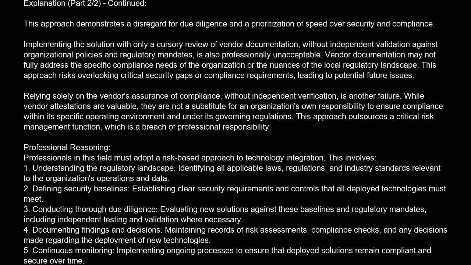Conducting thorough due diligence, evaluating new solutions against these baselines and regulatory mandates, including independent testing and validation where necessary. 4. Documenting findings and decisions, maintaining records of risk assessments, compliance checks, and any decisions made regarding the deployment of new technologies. 5. Continuous monitoring, implementing ongoing processes to ensure that deployed solutions remain compliant and secure over time.